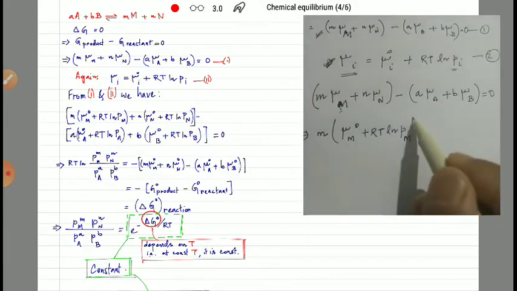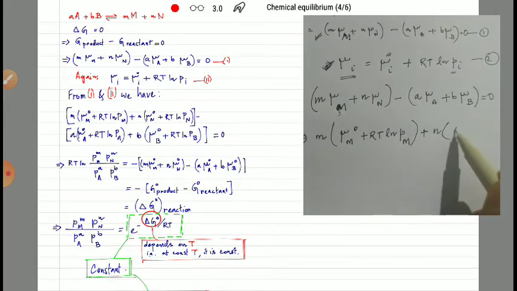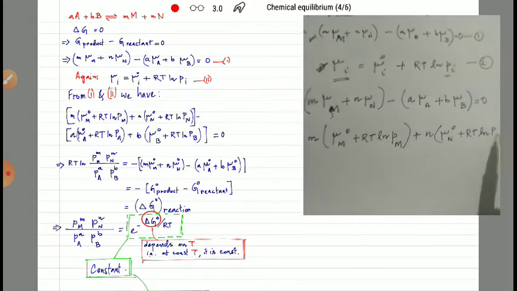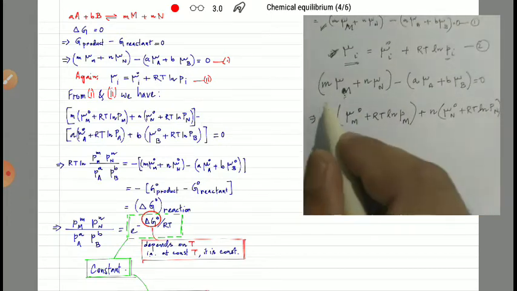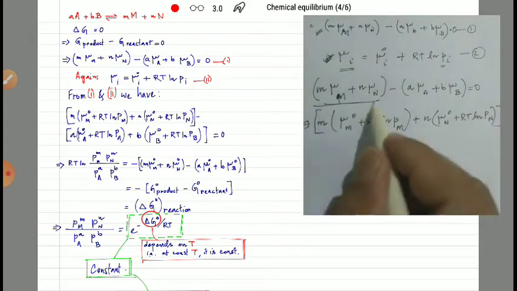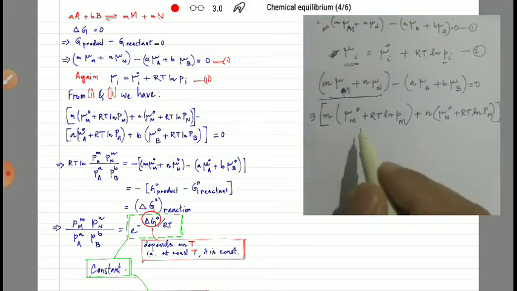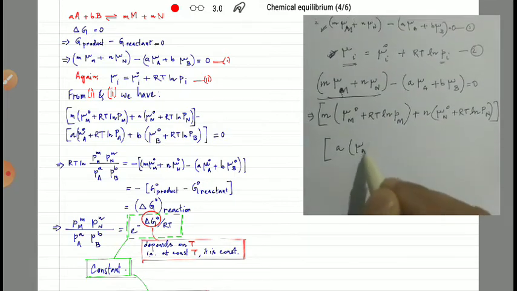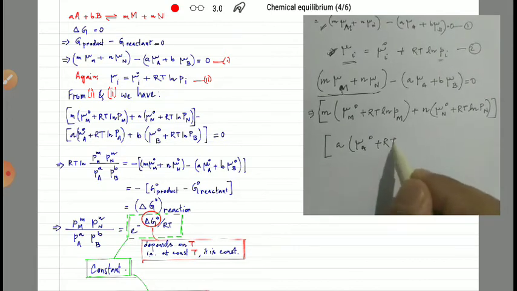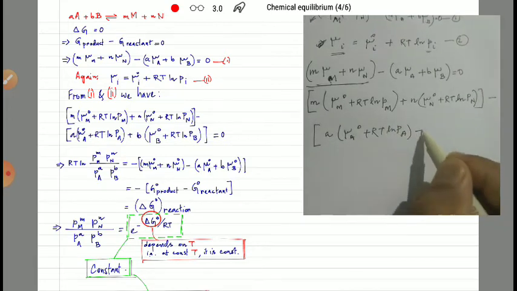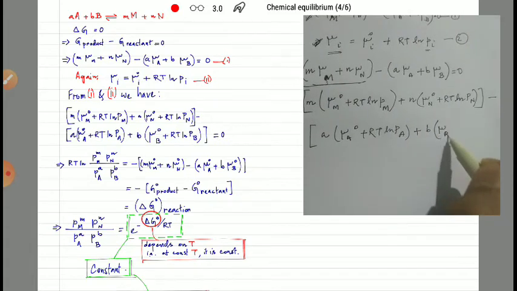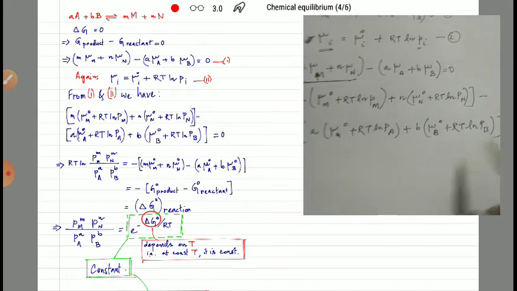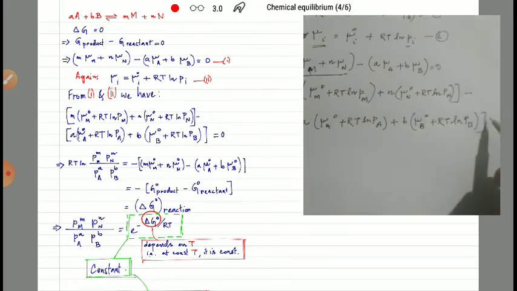So this is n mu_n naught plus RT ln p_n, and this bracket is done. This product part is done. Then minus the reactant part, which will be a mu_a naught plus RT ln p_a plus b mu_b naught plus RT ln p_b, and this is equal to 0.